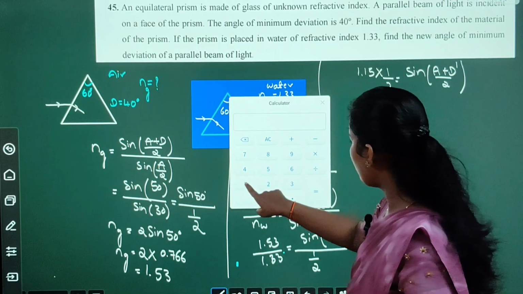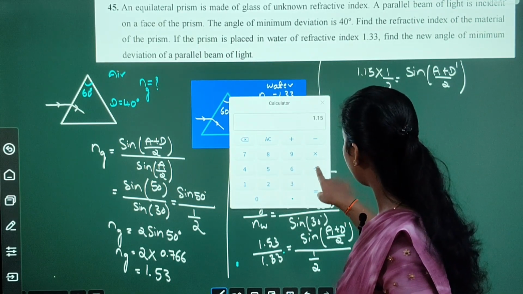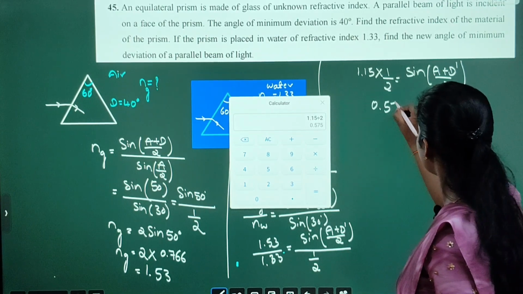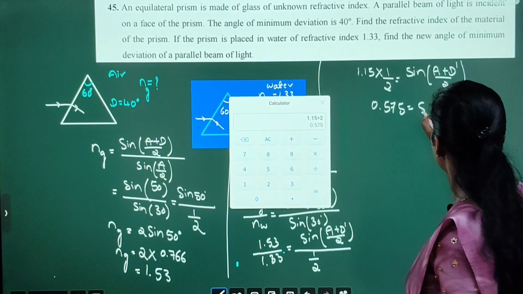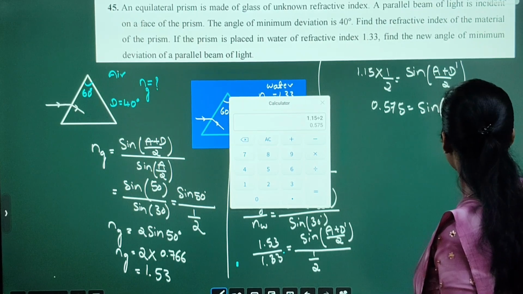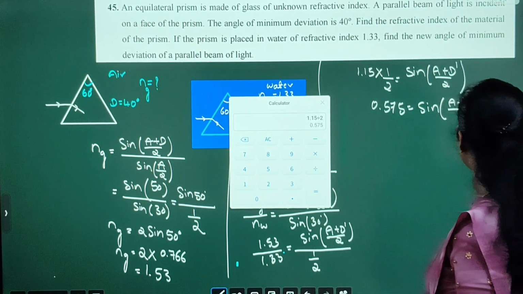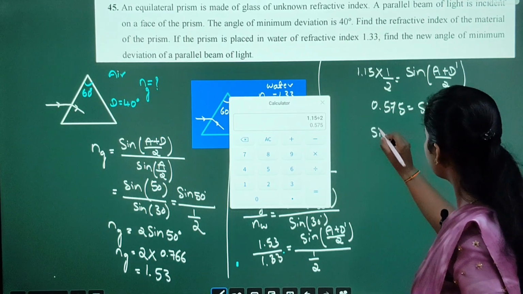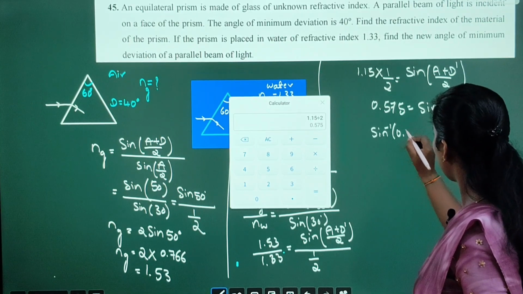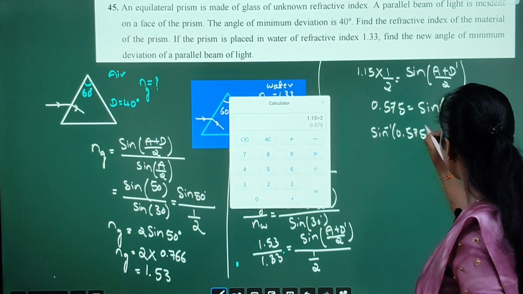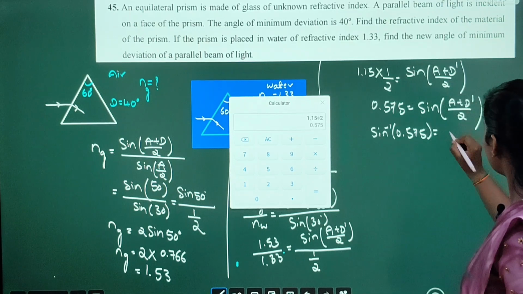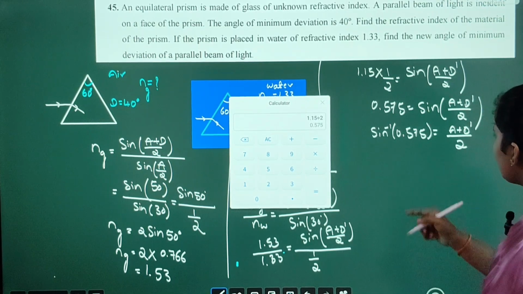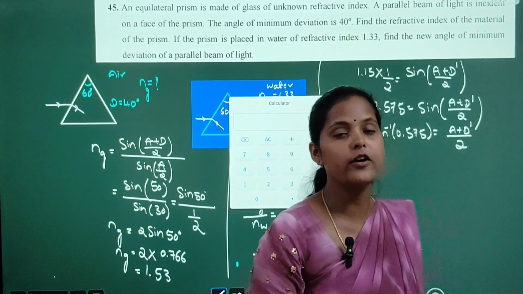So what is the value? 1.15 divided by 2, 0.575. 0.575 is equal to sine (A plus D dash) upon 2. Here we can take sine inverse of 0.575, which is equal to (A plus D dash) upon 2. What is the value of sine inverse of 0.575?